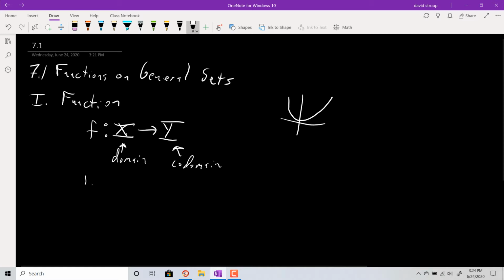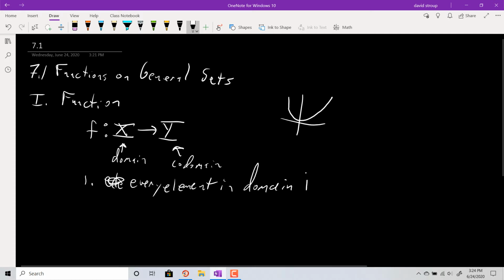Okay. Anyways, a function, how are we going to define it? There's two aspects. Probably the first aspect you're not as familiar with, and that's every element in the domain has to go to or have a corresponding element in the codomain.